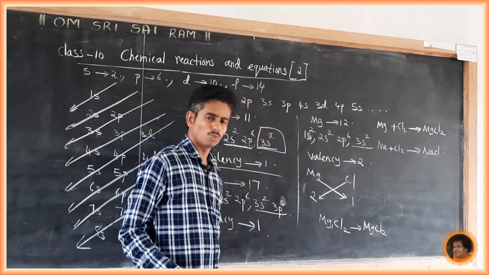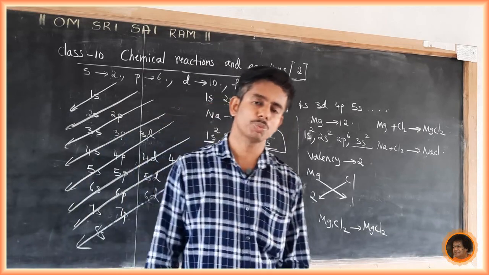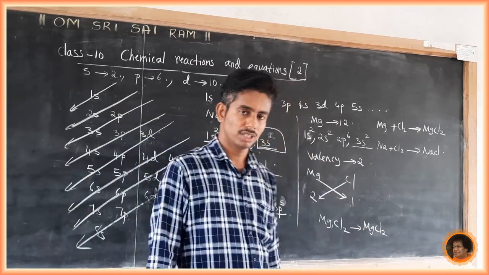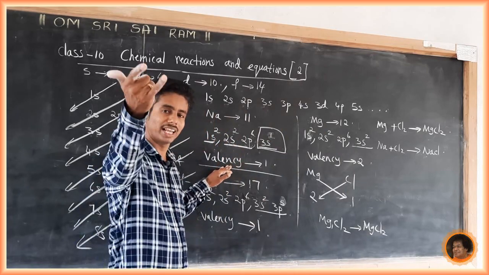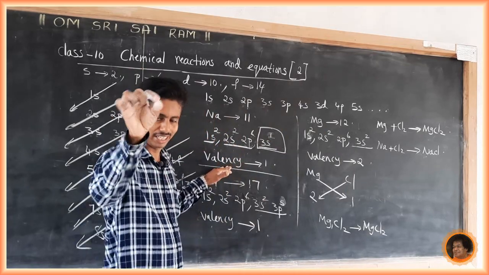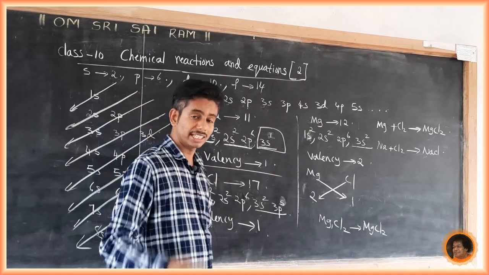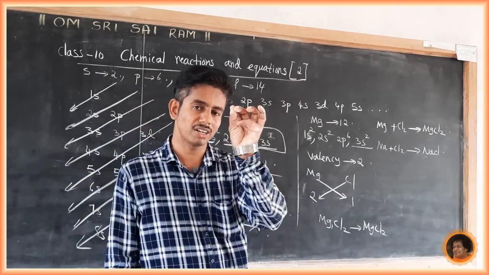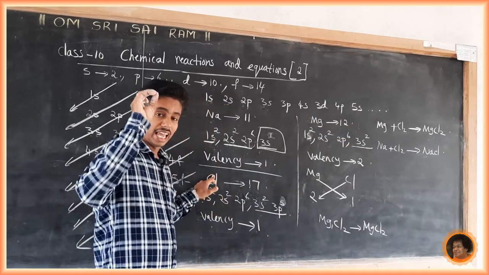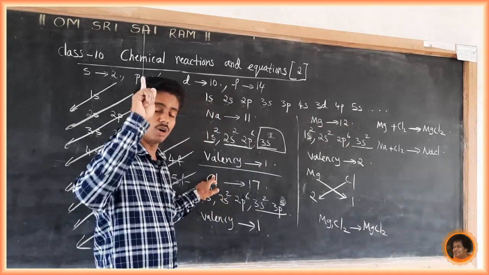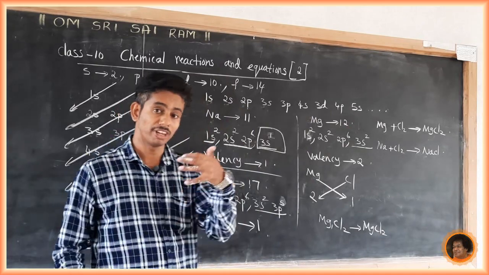Now another thing, what is valence electron? Is there any difference between valency and valence electron? Yes. Valency means, to get the octet structure, how many electrons it requires or it loses, that is valency. What about valence electron? Valence electron and valency both are different. Valence electrons are the electrons present in the outermost shell.